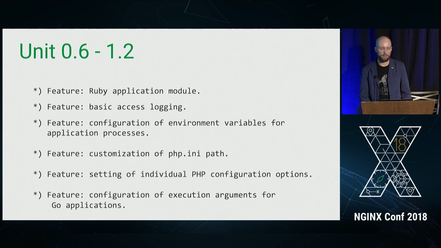Next, we added the configuration of environment variables in the applications. So the thing about the environment variables is that they are evaluated on the start of every application worker. So when you are changing an environment variable, the application workers for which you are changing that environment variable will have to be restarted.